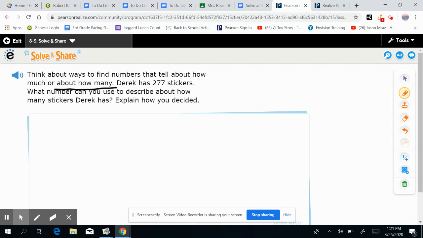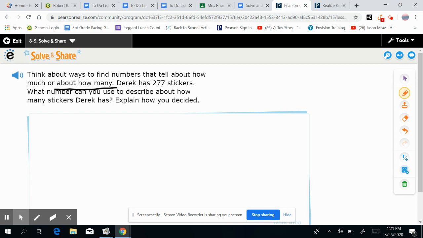Okay, now, what information do we know? When we go through these word problems, we want to think, what do we know and what do we need to find out, right? So we know that Derek has 277 stickers. What do we need to find out? So hopefully you said, what number can you use to describe about how many stickers Derek has?